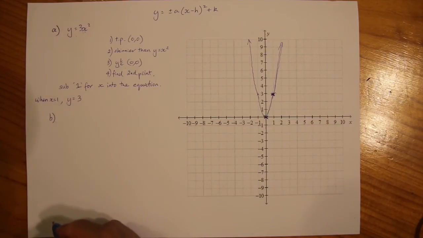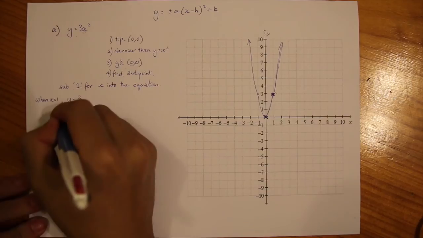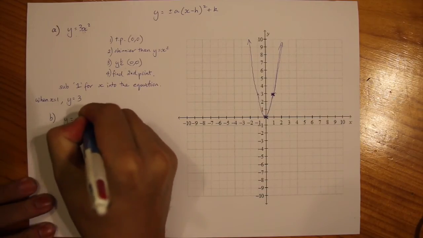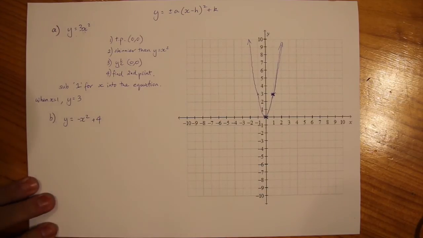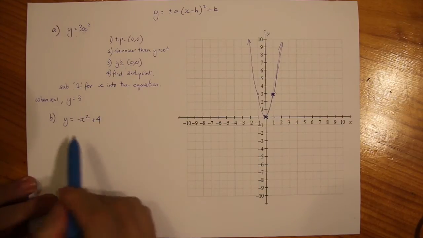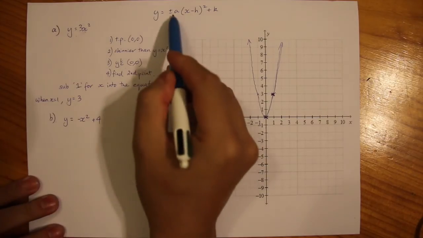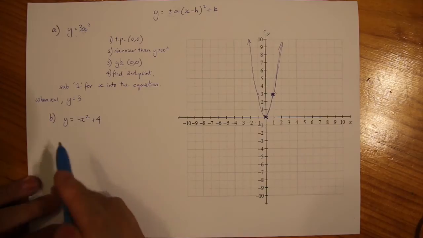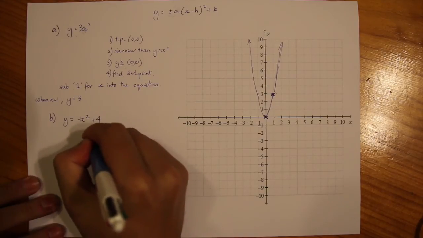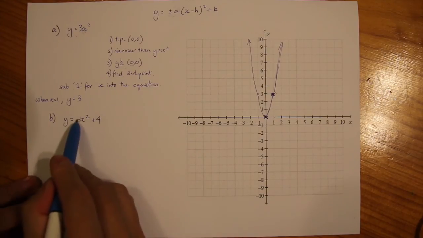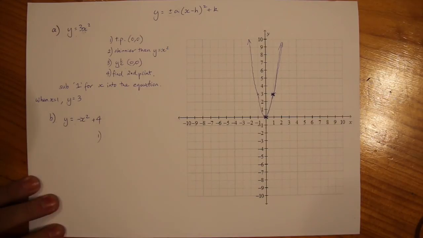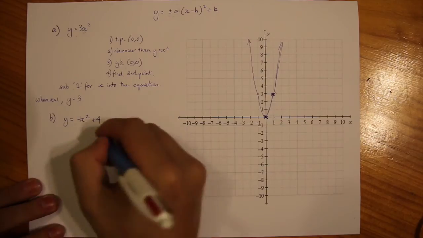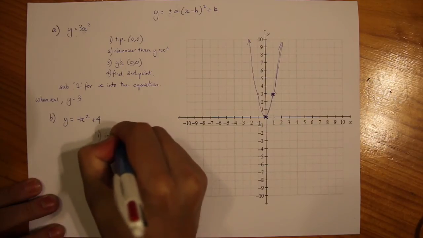All right, let's move on to another example where we have y equals negative x squared plus 4. If we have a look at this, the value of a is negative 1. The first thing we already know is that because this is a negative value, it's going to be inverted.